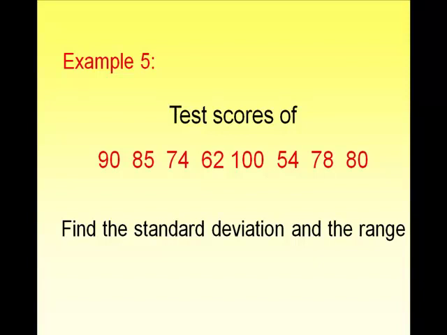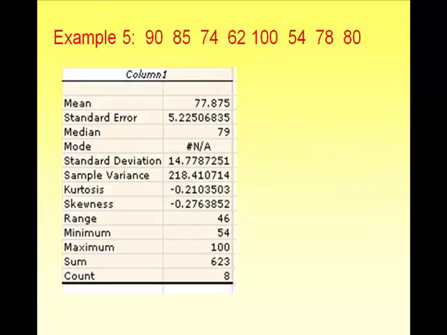Trying some more in Excel, because who really wants to do those by hand if we can use Excel or some other statistical package? We punch these into Excel, and in example 5 with these numbers, the measures of dispersion for standard deviation, 14.78 to the nearest hundredth, and the range is 46.